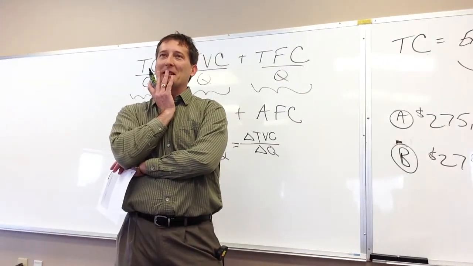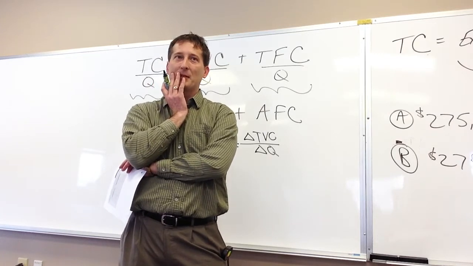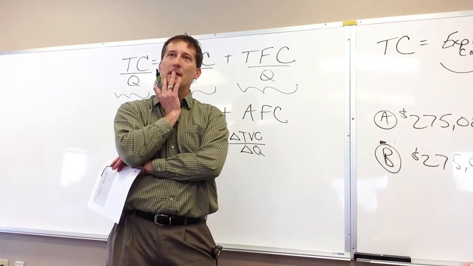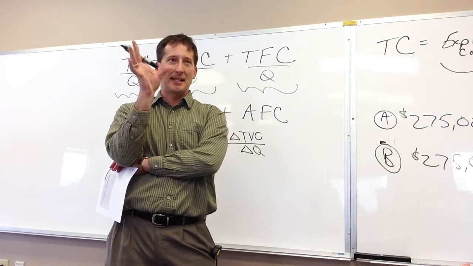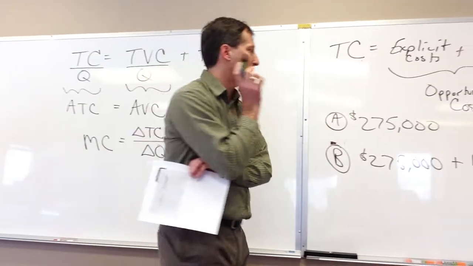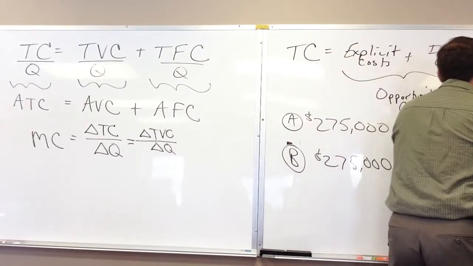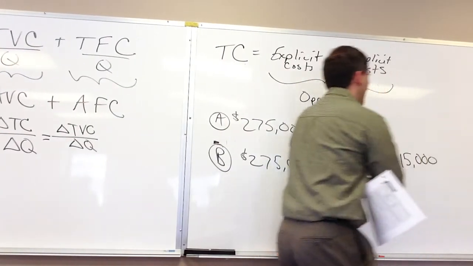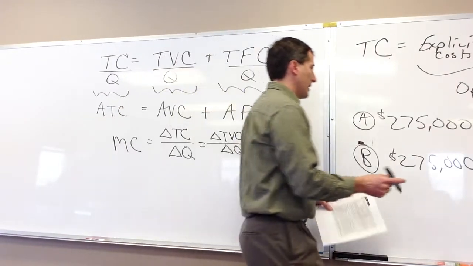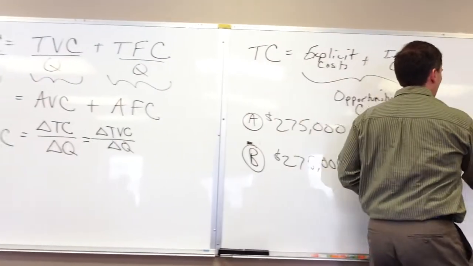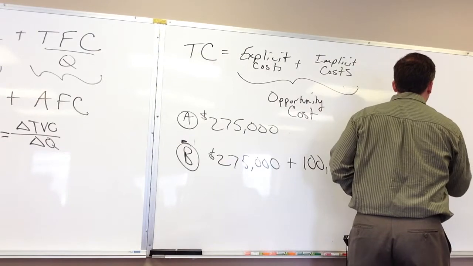What do we do? 15? Why do you say 15? Because he's already making 60, so his opportunity cost would only be 15. All right. So yeah, the extra that he's giving up is the 15 at the margin. So he's got an additional implicit cost of 15,000 to calculate economic costs, which now equal 390,000.